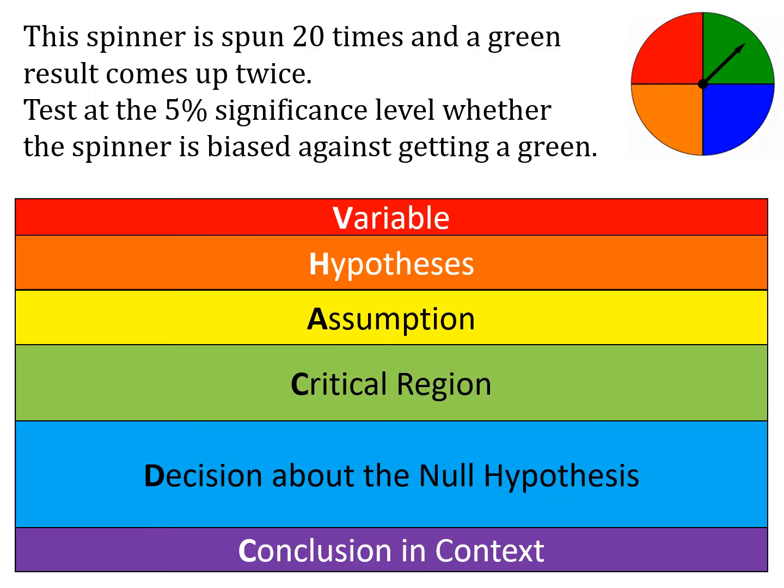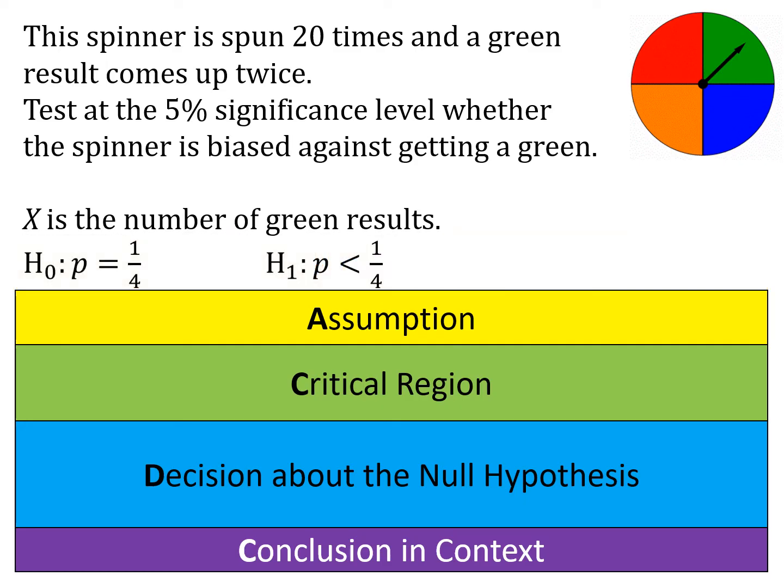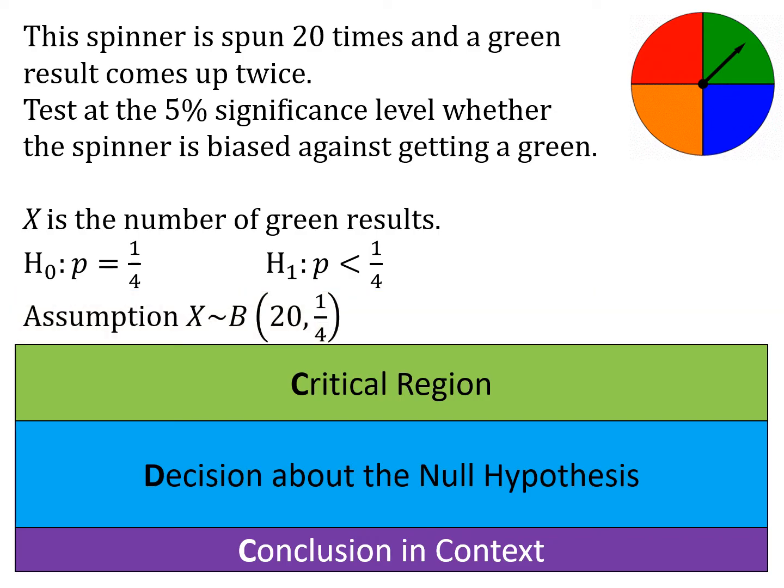So these are the steps. And it would be worth you looking at the first letters and perhaps trying to come up with some mnemonic which is going to help you remember all the steps in this process, because it is quite a long process. So just to recap, the first thing we do is state what the variable x represents. We then wrote down our two hypotheses using the correct notation. We assumed that the null hypothesis was true and wrote down the distribution of x given that assumption.